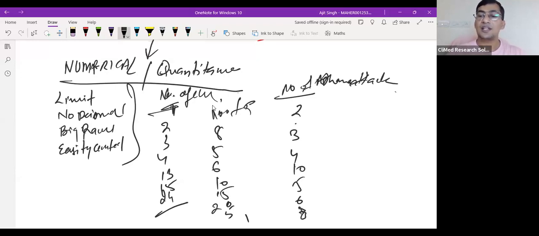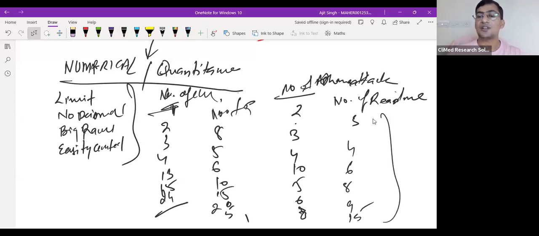Also number of readmissions of the patient: 3 times, 4 times, 6 times, 8 times, 15 times in a month. So discrete data is easily countable.